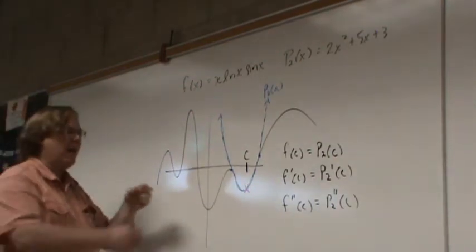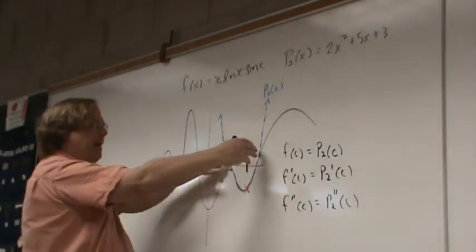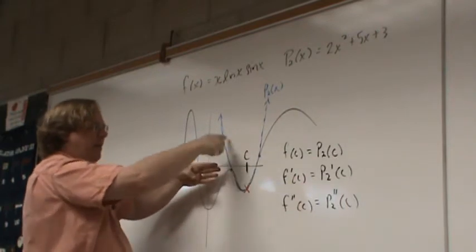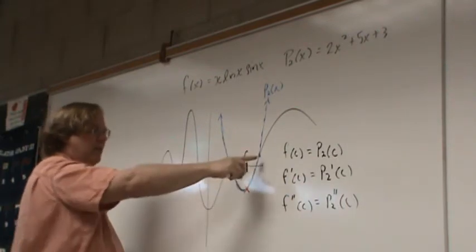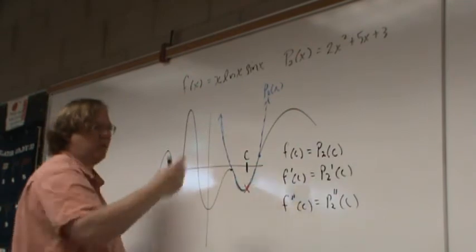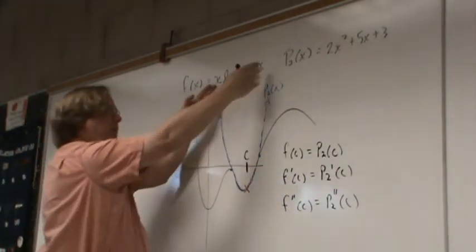Then I end up getting a second degree approximating polynomial that hugs my weird function, at least for a certain neighborhood. Eventually it departs, you know.